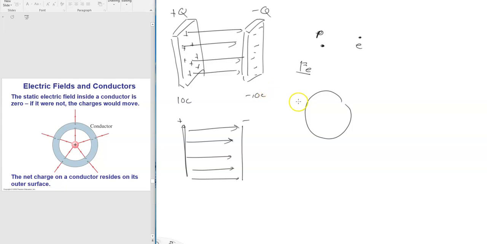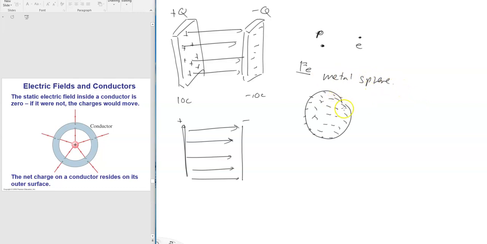So you are bringing electrons into this. You put all the electrons on this thing, a lot of electrons on the surface and inside everywhere. This is a metal sphere.